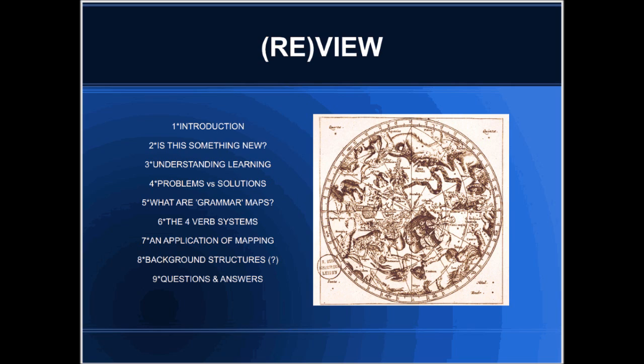We gave a few examples of background structures that students really need to know. Otherwise, if they don't have the basic information, they won't be able to build on anything there. So this is where our little journey has taken us.